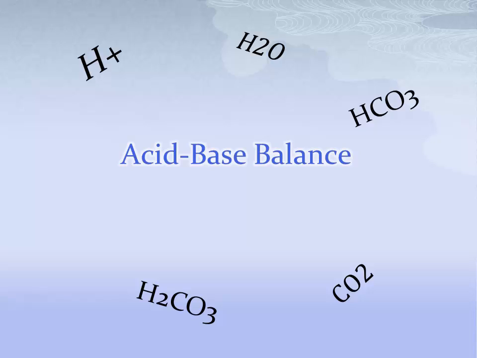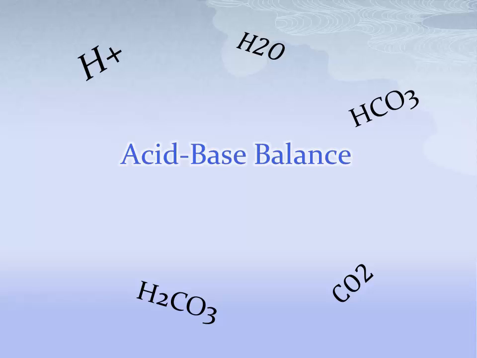And then H2CO3 is carbonic acid, and that's the most important acid that we're going to talk about. CO2 is important because it's the CO2 and the water that combine to make H2CO3.